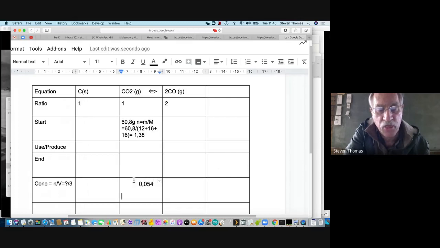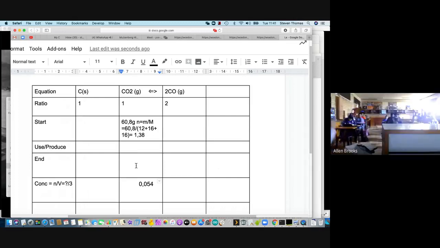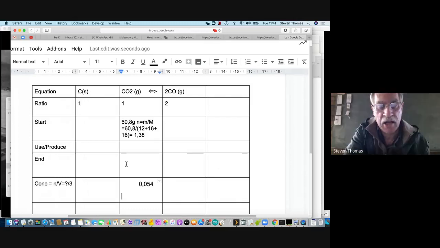We've got to convert that into something here. And there's the formula. Concentration is number of moles divided by volume. So what are we looking for here? N, C, or V here? Any ideas, guys?